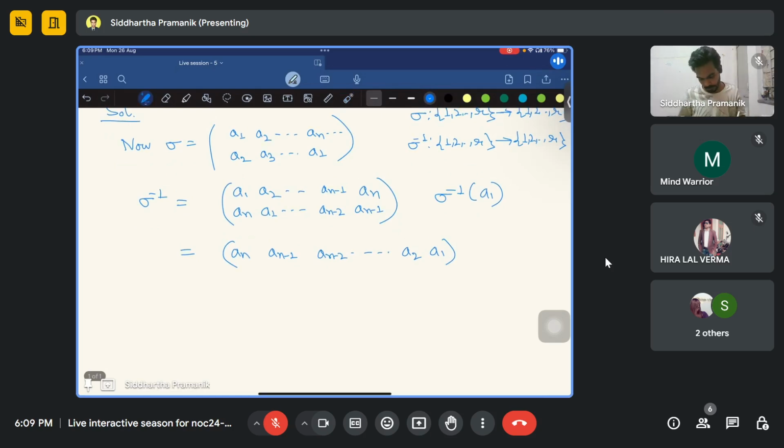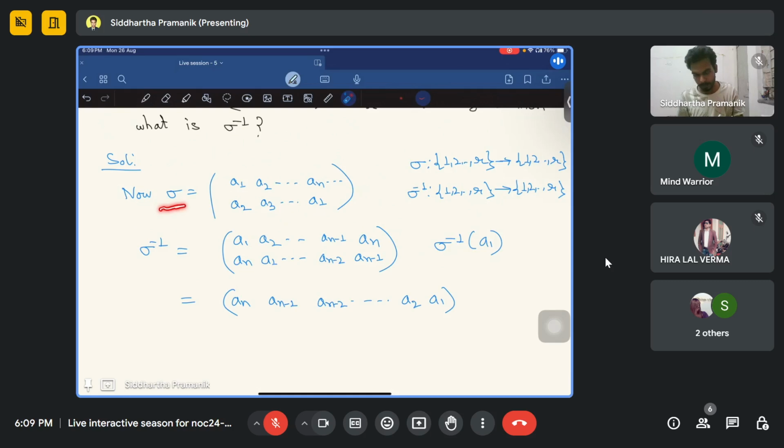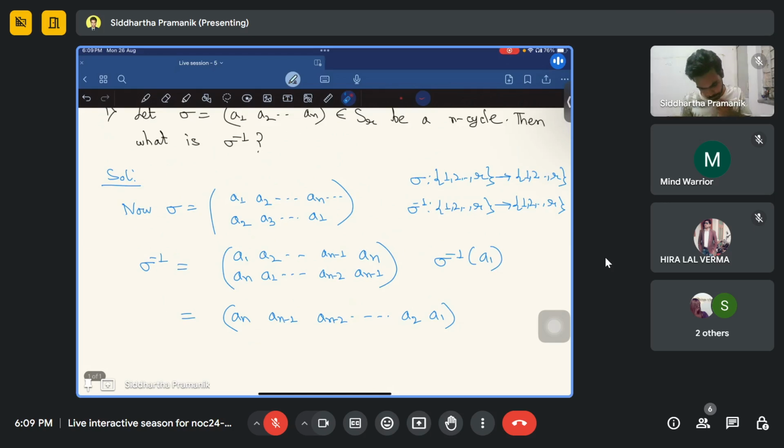You can verify that the inverse of sigma is this function. It will be useful, that's why I am mentioning it clearly.